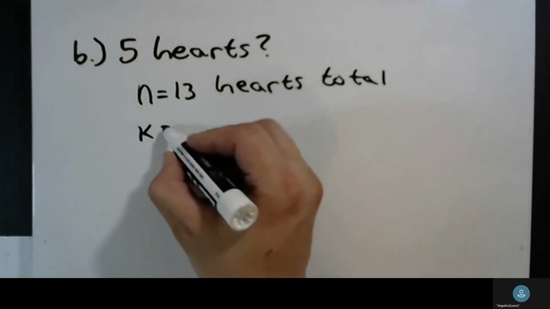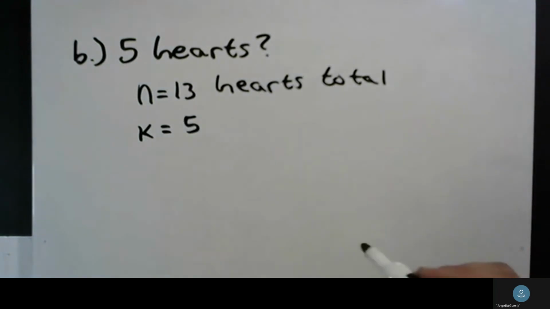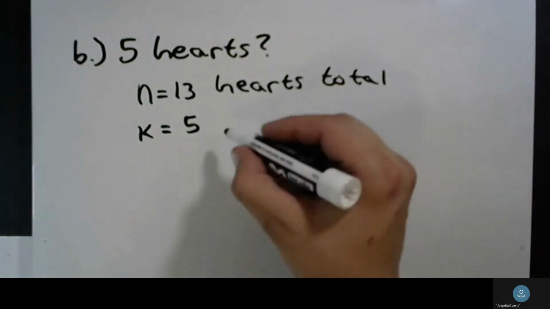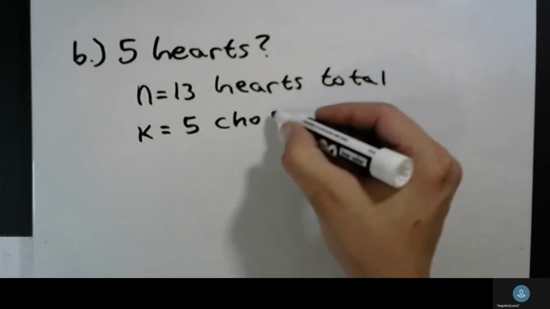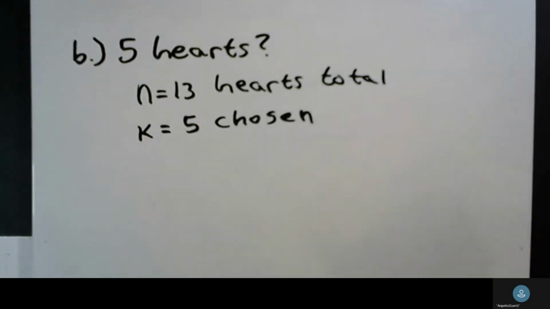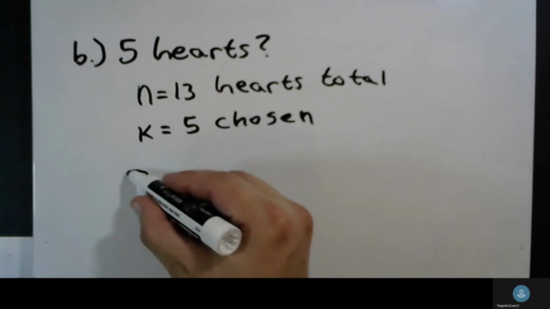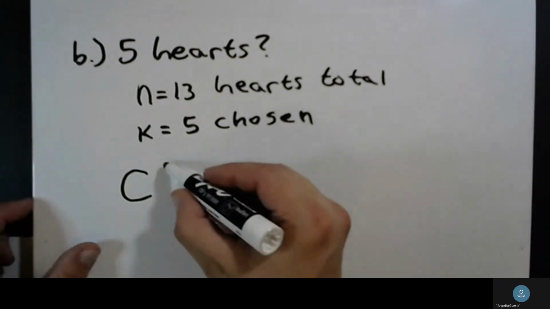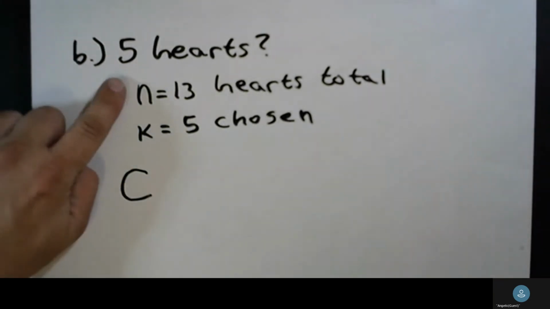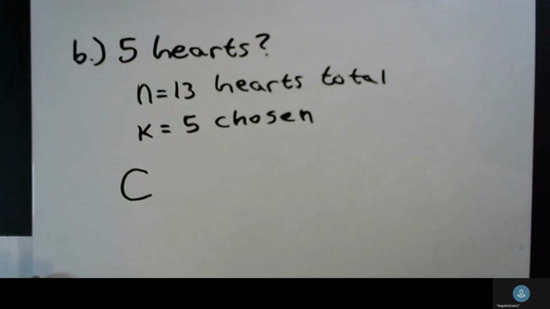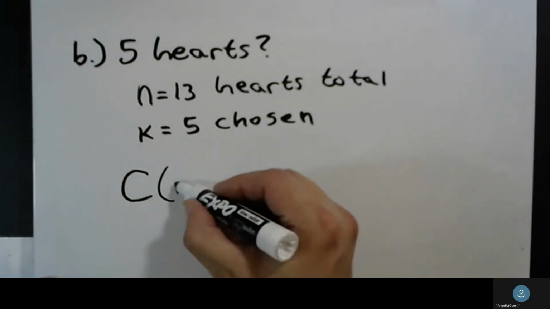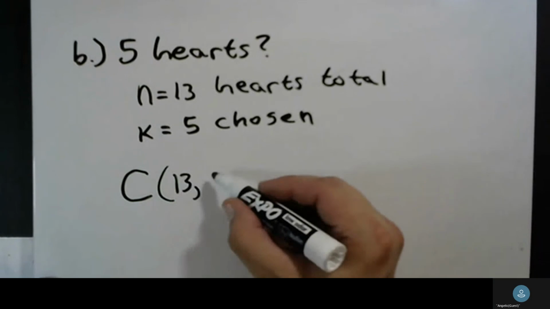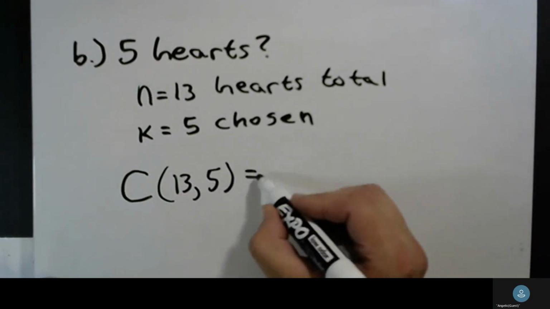And we're going to choose 5 of them. And since the order doesn't matter, we just want hearts. We don't want an order of hearts, like 2 of hearts, 3 of hearts, things like that. We're going to ignore the order. Just want 5 hearts.